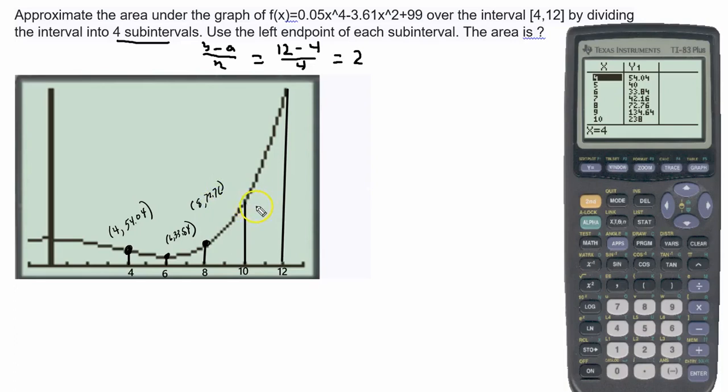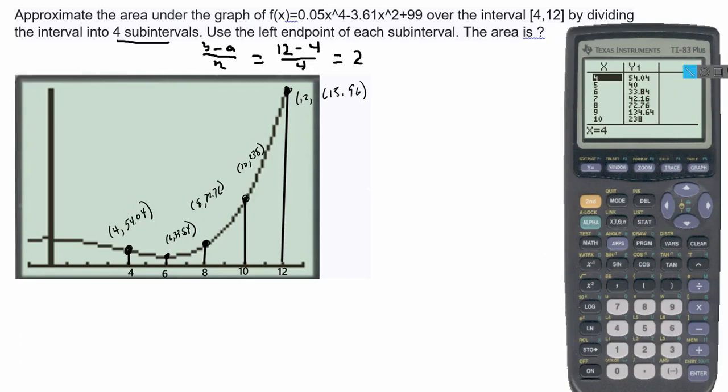And this one here, well, you see it'll be 10, comma, 238. And if we're using left endpoints, we don't even need to know what this one is, but I'll just write it just so we have it. It will be 12, comma, 615.96.